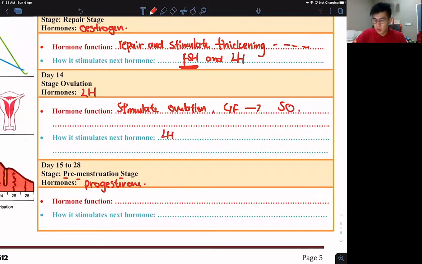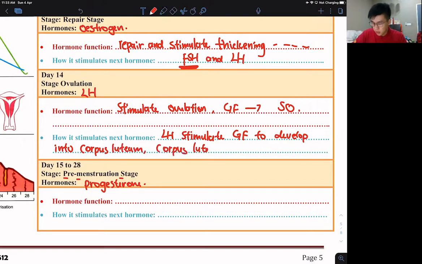LH will stimulate the Graafian follicle to develop into the corpus luteum, and then the corpus luteum secretes progesterone. So same as just now.